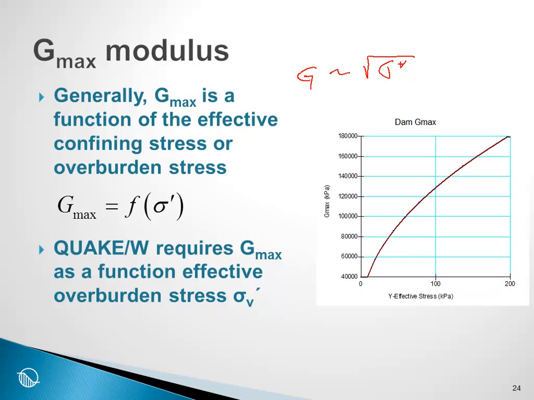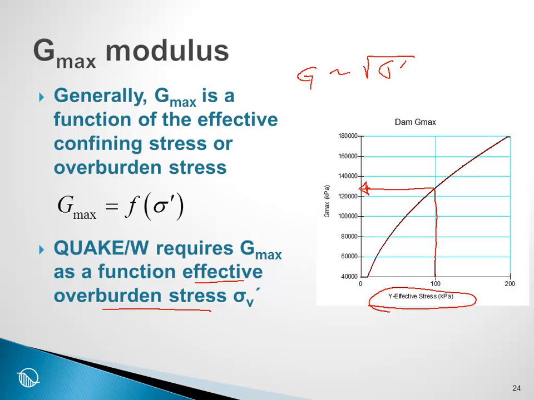In QUAKE/W, we have set it up in such a way that Gmax is a function of the effective overburden stress. So here's a typical relationship. So here is the effective overburden stress. Once the effective overburden stress is known in an element, we can then find the shear modulus for that particular element.